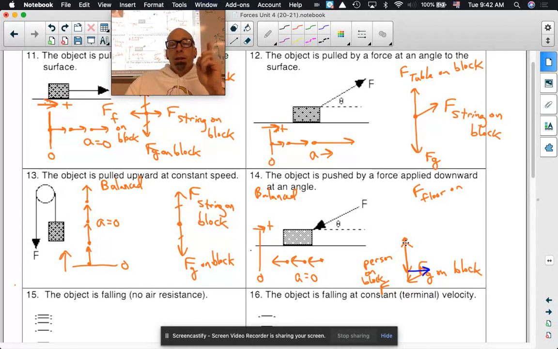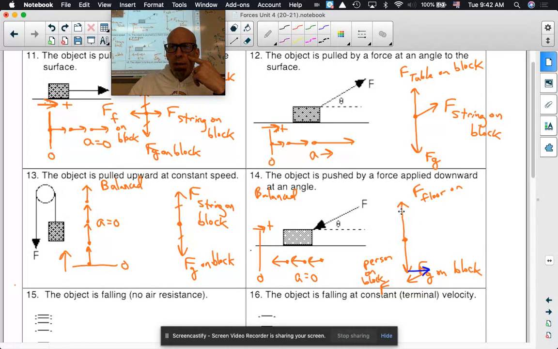Now, I want you to notice here, the only way to get me balanced back to the dot is if the force of the floor, notice the force of the floor has to be bigger than the force of gravity. Has to be. The floor has to be pushing on the block more than gravity is pulling down on the block.